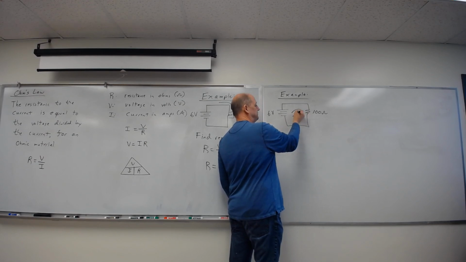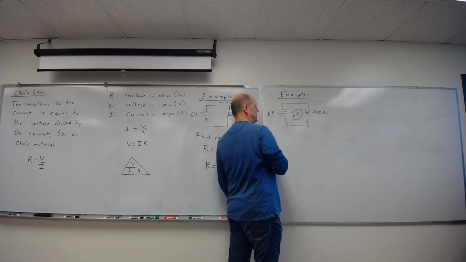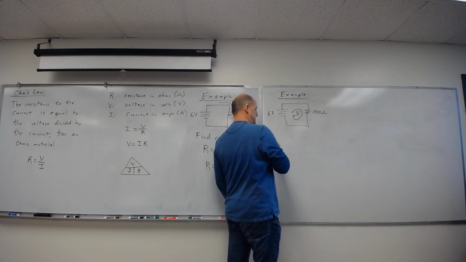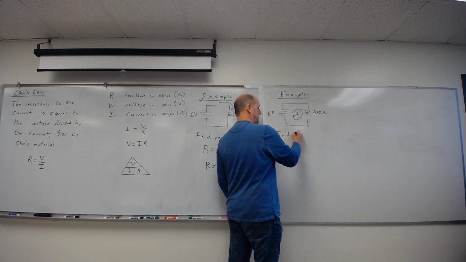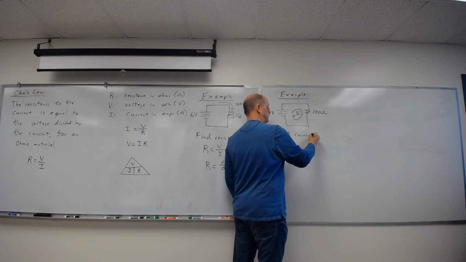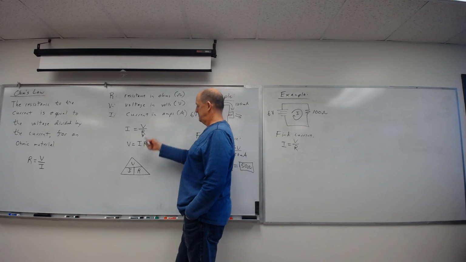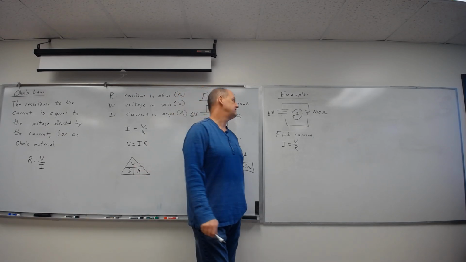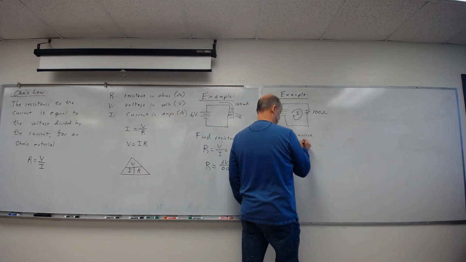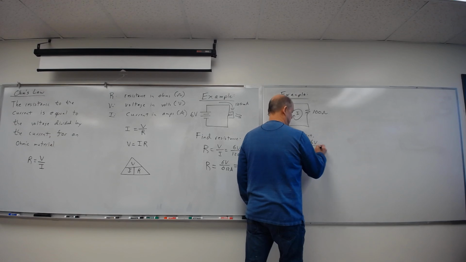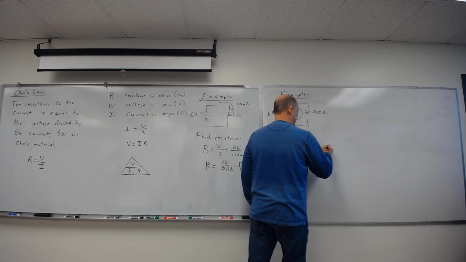So I know voltage and resistance. If I want to find the current, current equals voltage over resistance. Six volts divided by 100 ohms.